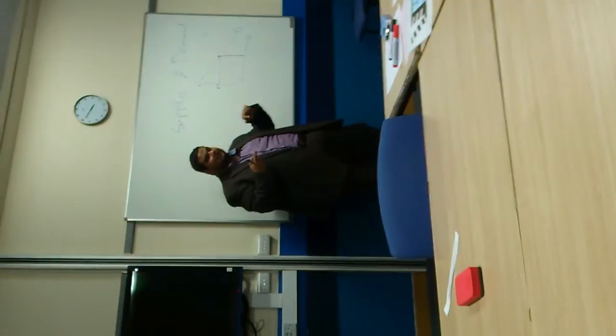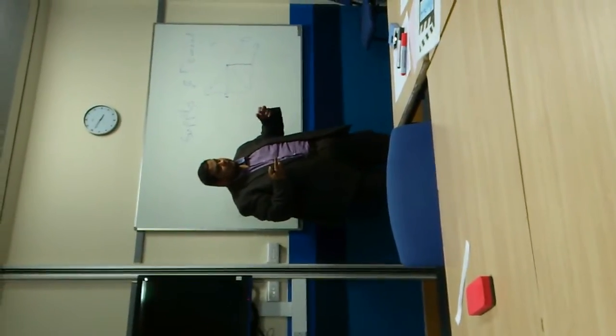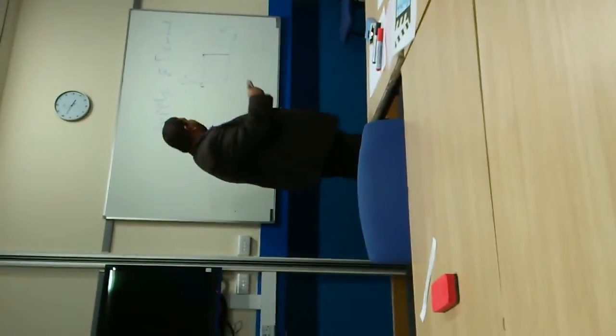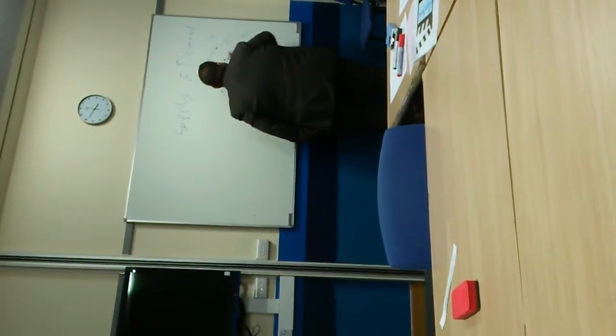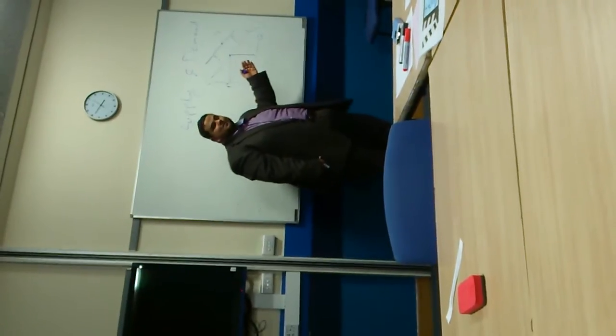How do prices change? Prices change by a shift in the supply curve or a shift in the demand curve. A shift in the demand curve, for example, will create a new equilibrium, a new price.